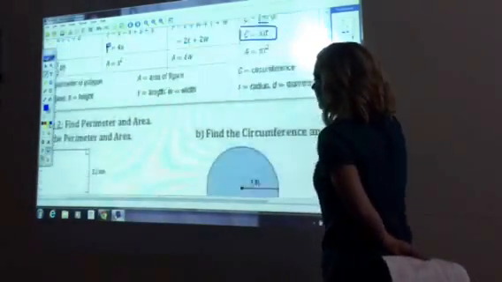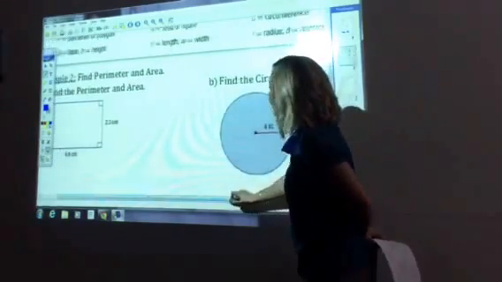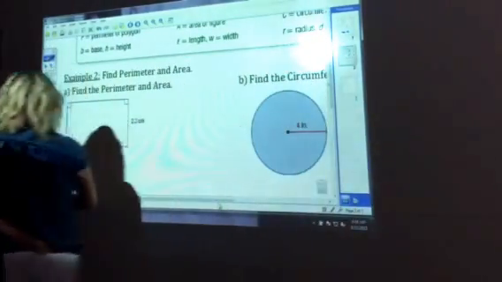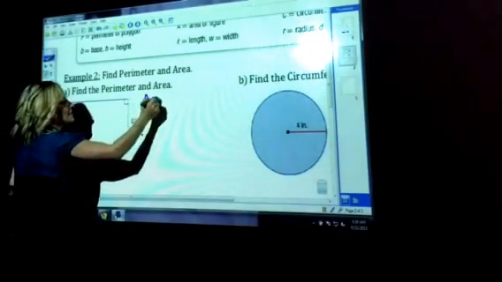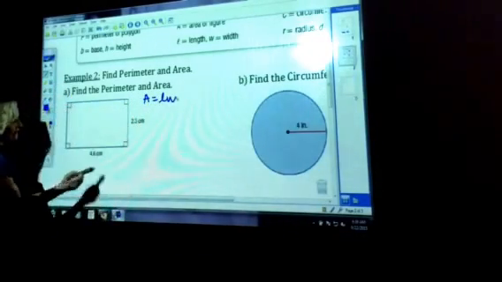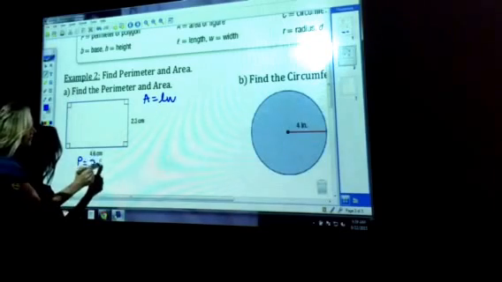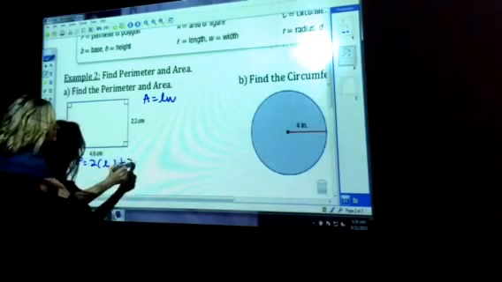All right, so let's go ahead and look at our first question here. It says find the area and perimeter of this figure. All right, this is a rectangle. My area is going to be equal to length times width, and the perimeter is going to be equal to 2 times the length plus 2 times the width.